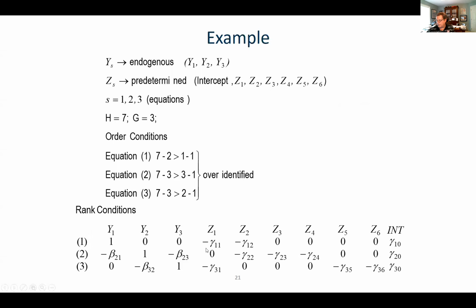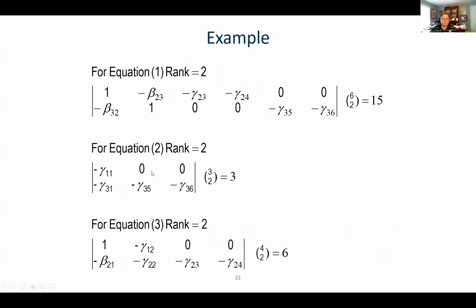So what we have to consider then is a non-vanishing determinant of rank 2 from this set of coefficients. Well, we have 3 columns, taken 2 at a time, we get 3 conditions.